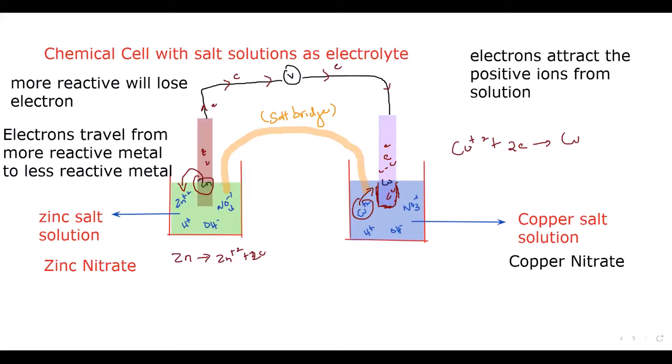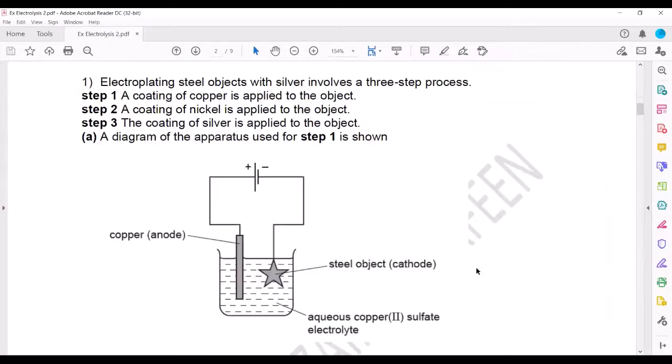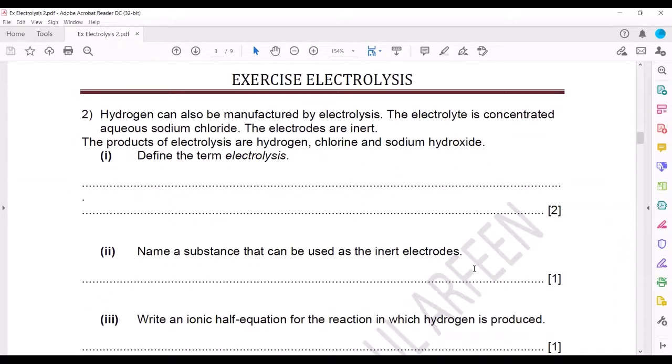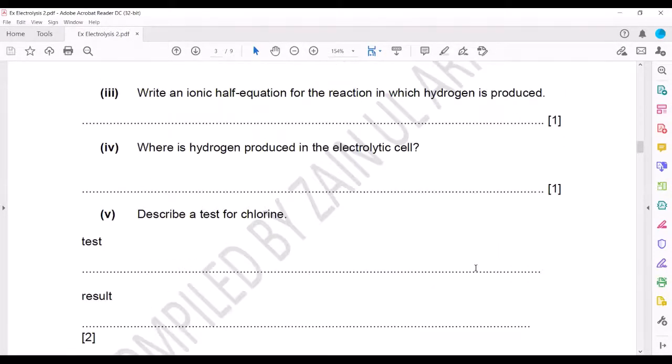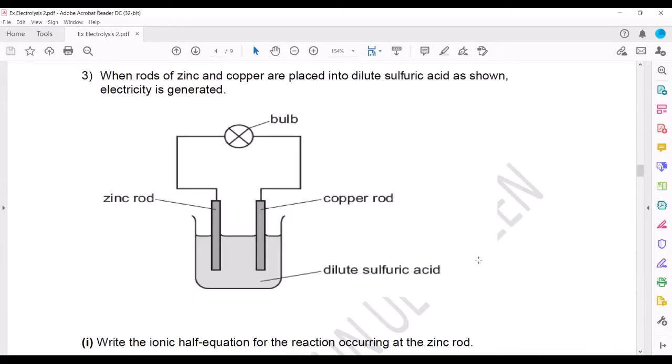So now we'll do some questions related to the chemical cell. Okay.